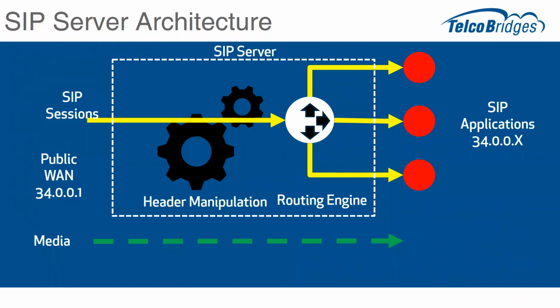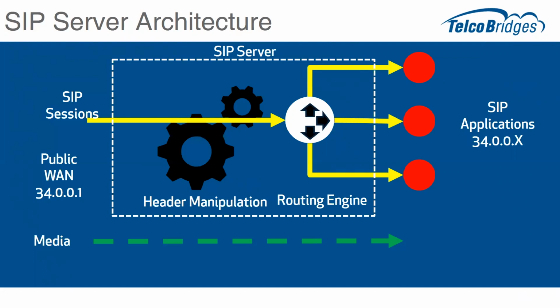The header manipulation would make a decision, do whatever fix-up it needs to do, and the routing engine would forward that request off to an individual server for processing. This is very similar to how large load balancers or application delivery controllers work in web services. One important note, though, is that the media down at the bottom just goes around the SIP server.